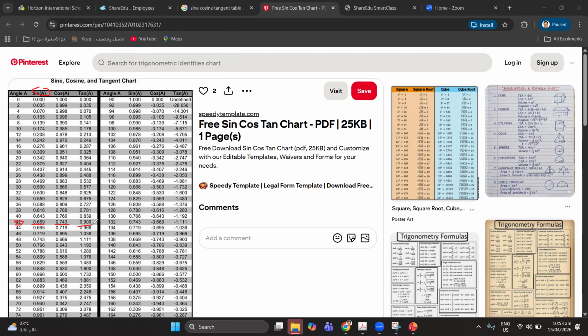Miss, do we memorize it, or is there a way, like there is a number for sine and a number for cosine? What do you mean? Is it a number? Do we memorize it and solve it in a specific way? No, I will use it.